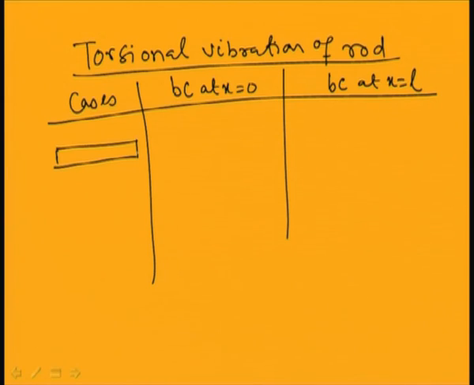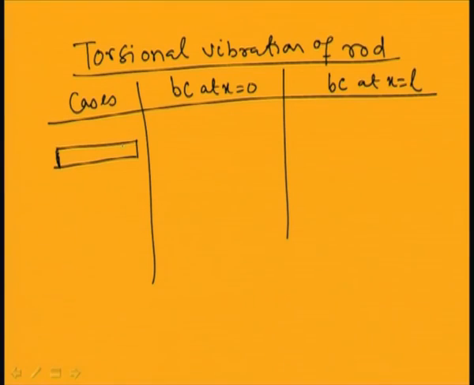In this case, the example is the spacecraft or the aeroplane. When it is flying in the air, no end is supported, so it may rotate about its own axis. In that case it can be considered as the rotation of a free rod.